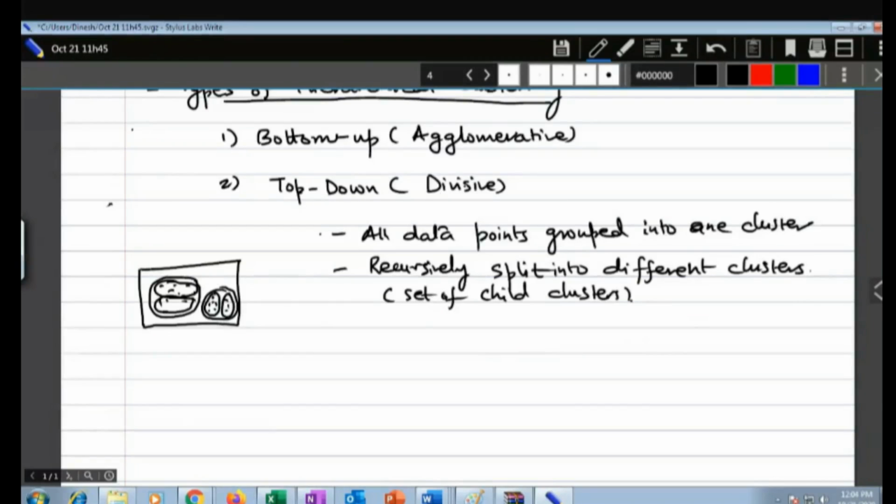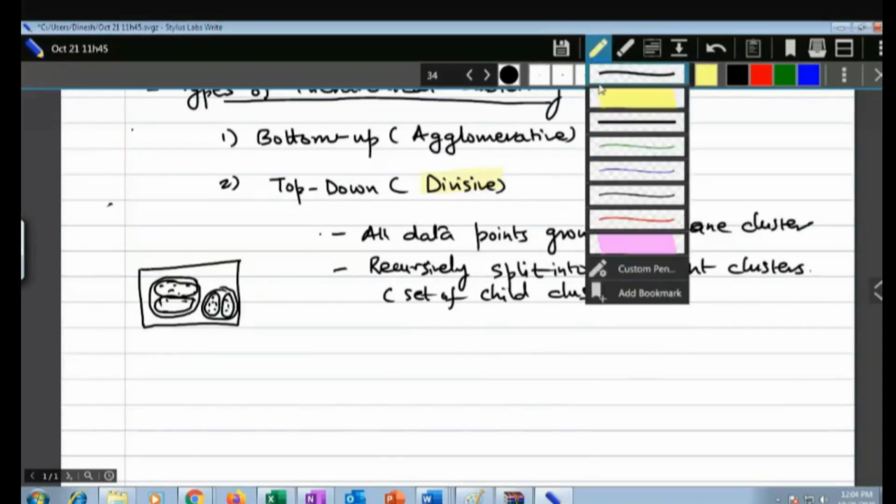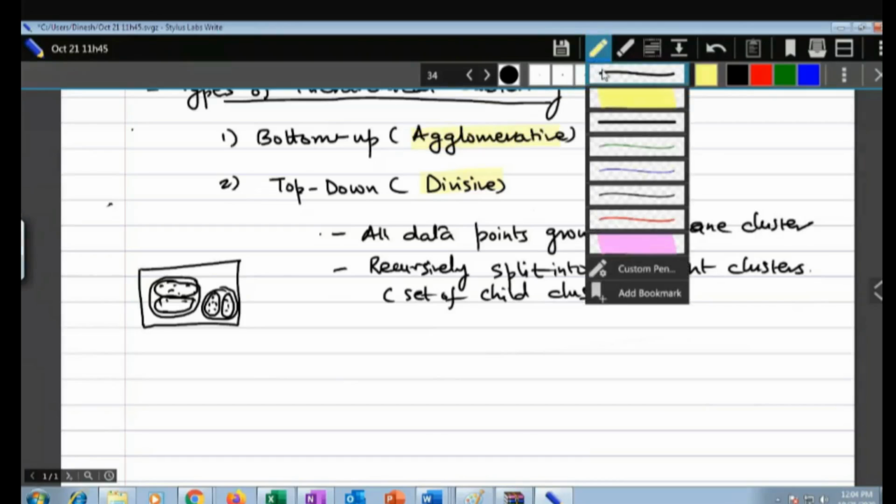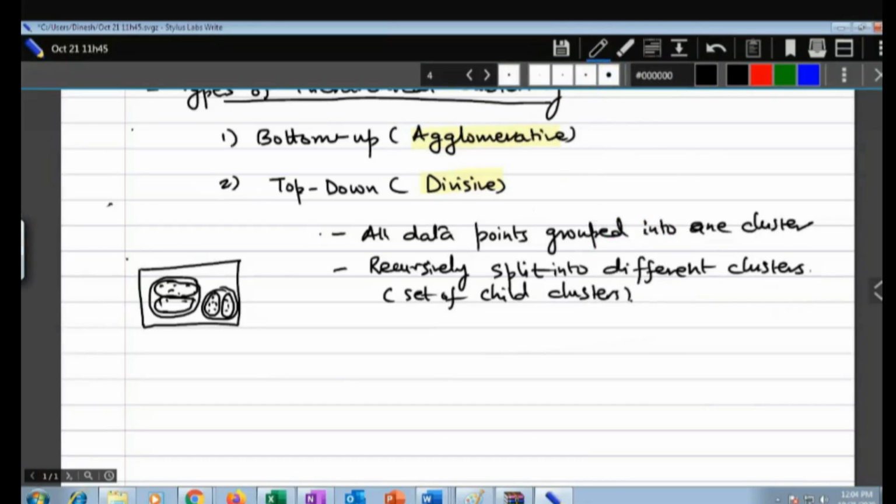So top down is divisive, and bottom up is agglomerative. Bottom up means you build the nested clusters on the data points. We will be looking at the bottom up type of clustering.